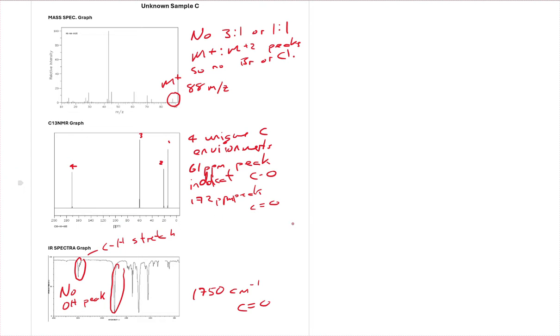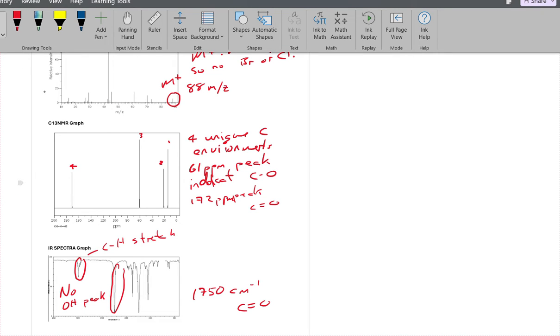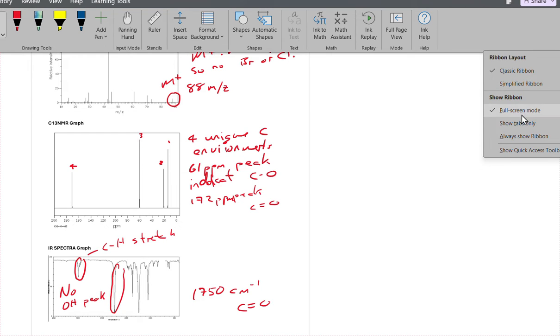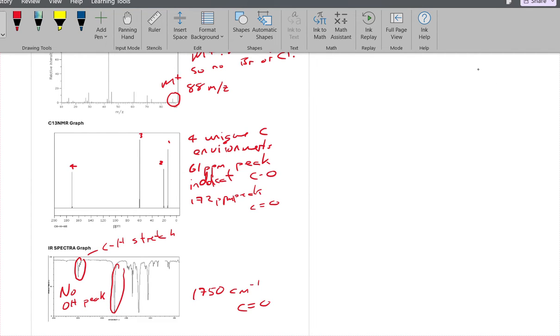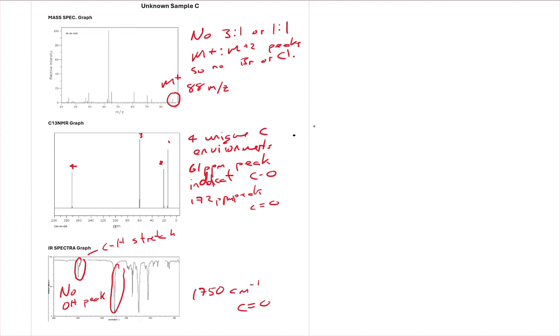Well, let's add it up. I said before that we had 4 carbons. So back up to the top here, let's draw 4 carbons, no carboxylic acids, but we must have a bond to an oxygen.